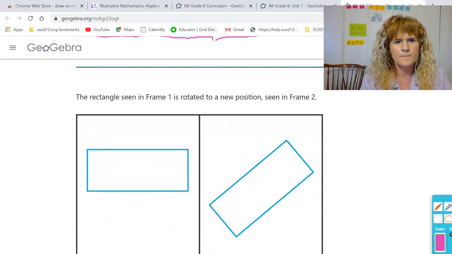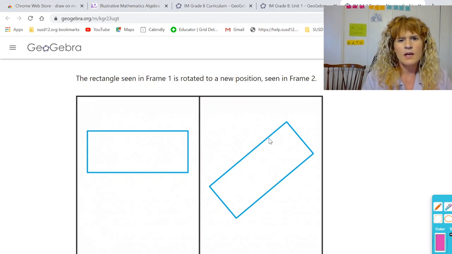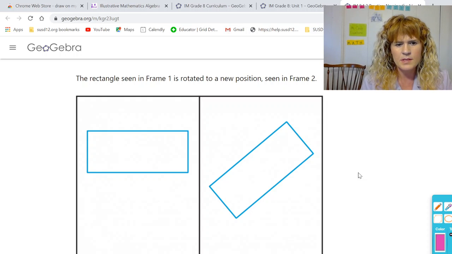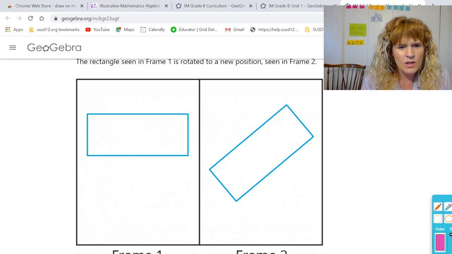Next part. The rectangle seen in frame 1 is rotated to a new position seen in frame 2. Okay. Select all the ways the rectangle could have been rotated to get from frame 1 to frame 2.